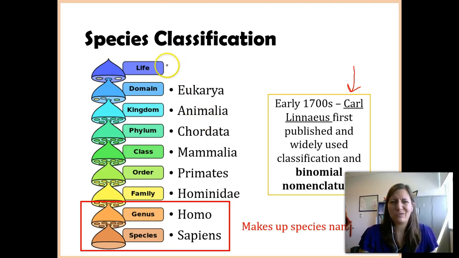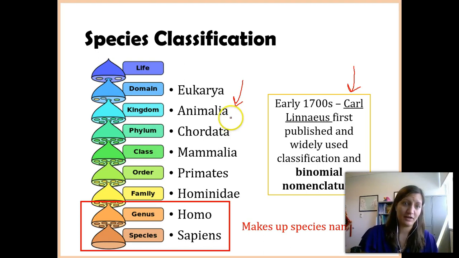So life, not really a classification. Domain. Domain is the largest classification. This contains the most number of organisms. In the case of humans, we're in Eukarya. But again, this you don't need to know. I'm not going to ask you what kingdom we are in or what order we are in.